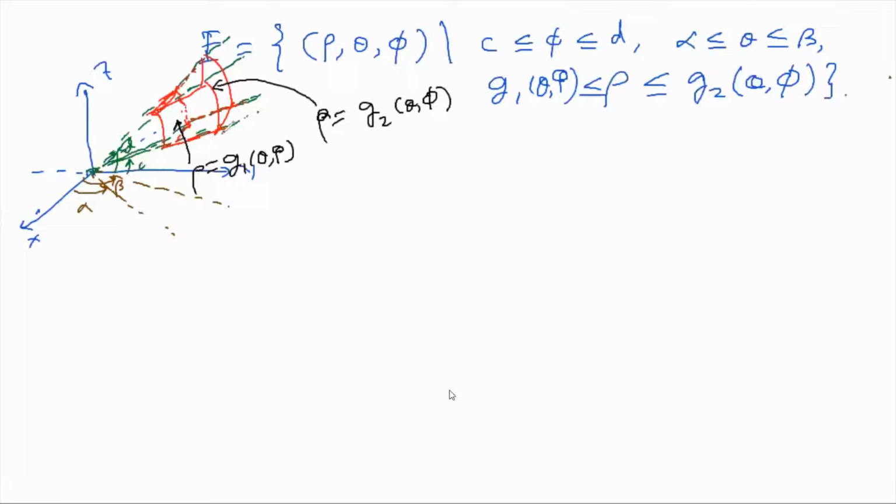So rho is the distance from the origin. If you fix this and go like this, it will intersect the first surface here, get inside the solid, and then leave the solid from here.